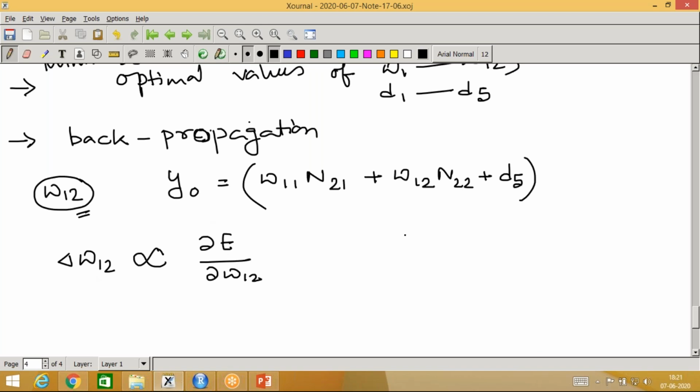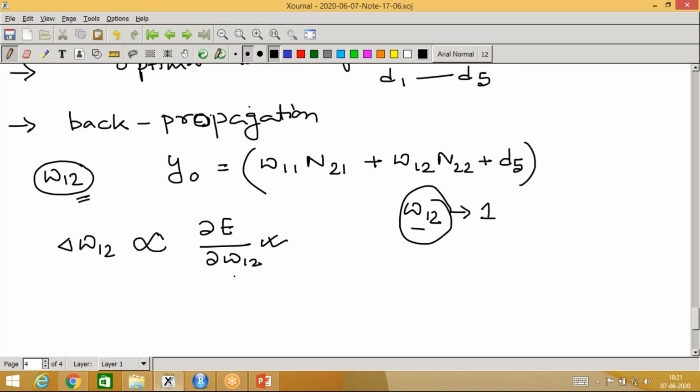Let's say initially in the first iteration, when you did the feed forward, W12 was 1. And then you did all this calculation. Now you want to optimize W12. I will change W12 to something else, and that change will be proportional to its impact on the error. So basically we follow this formula.